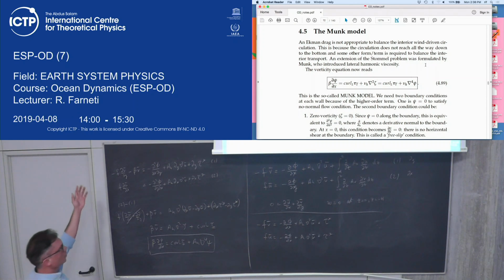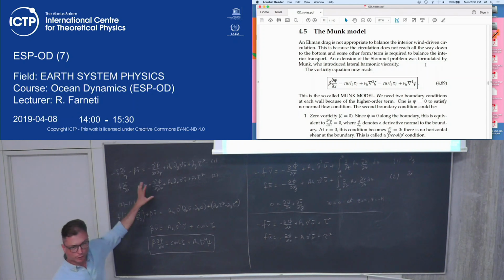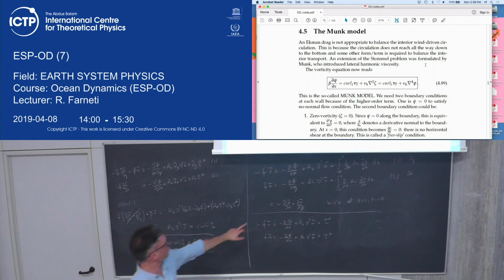So we started from the momentum equation, and the important thing was adding the horizontal viscosity term, which we neglected before. So you add the horizontal viscosity term, you vertically integrate, you set the vertical velocity to be 0 at the top and bottom, so continuity reduces to this.